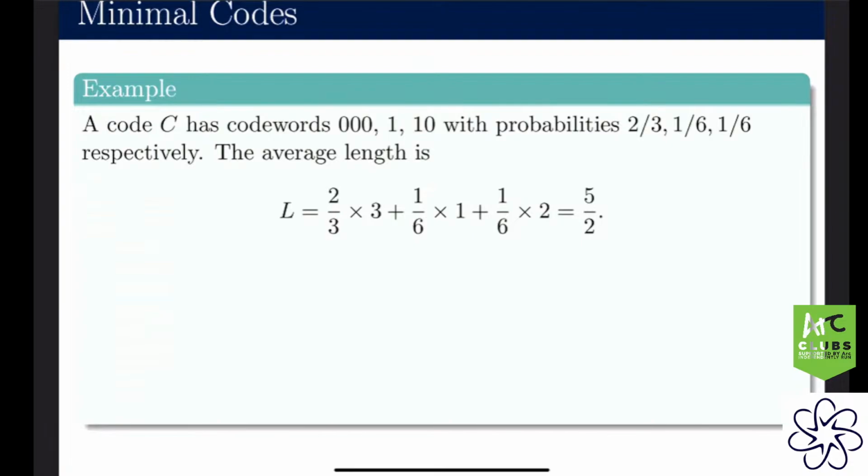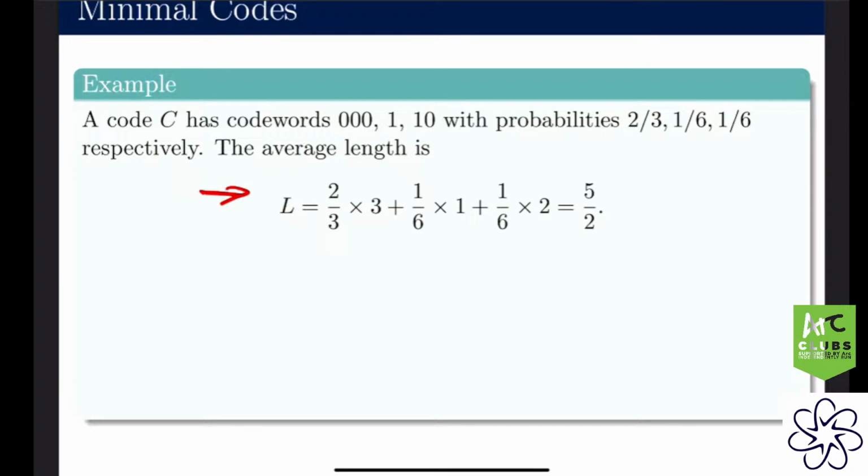If you remember from the beginning of my part of the course, I said that what we want to do is put the shortest code words with the highest probabilities. And this definitely does not do that, because we're putting a code word of length 3 with the highest probability, which definitely won't make a minimal code.